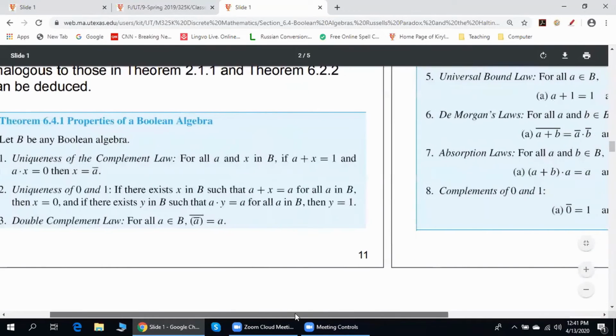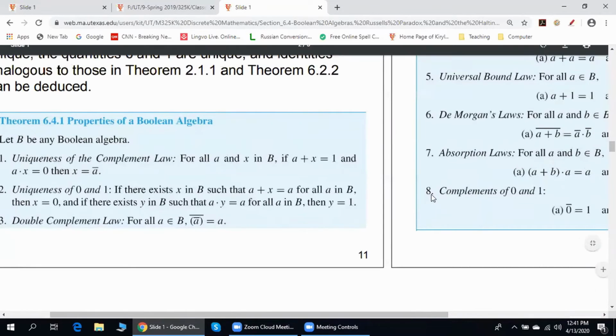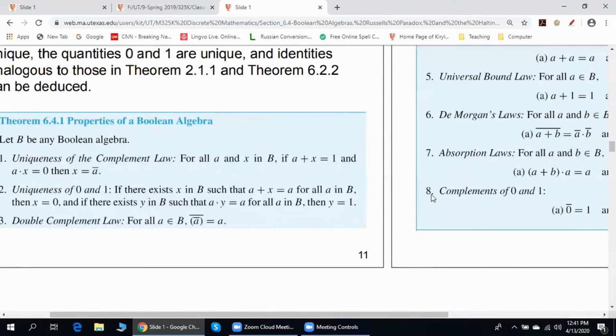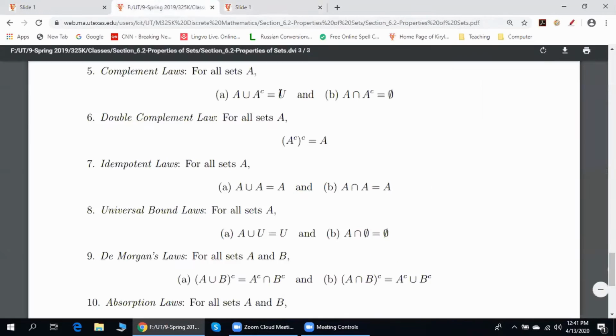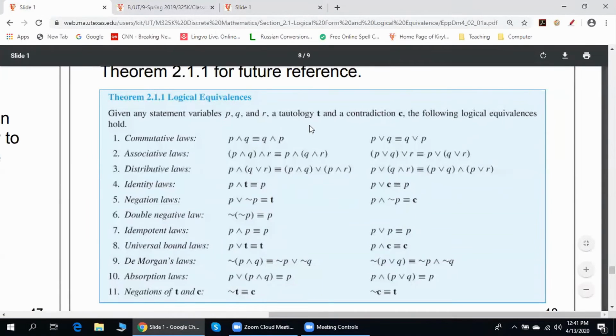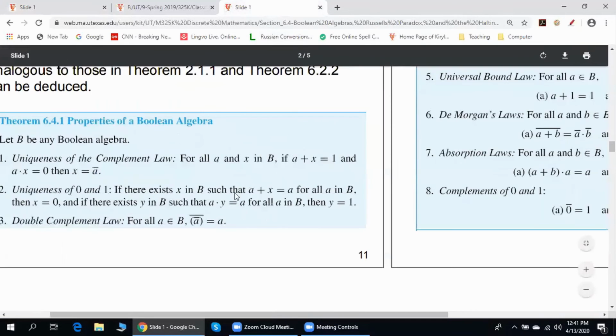In this theorem we have 8 additional laws, and the remaining laws in sets and logic will follow from this.